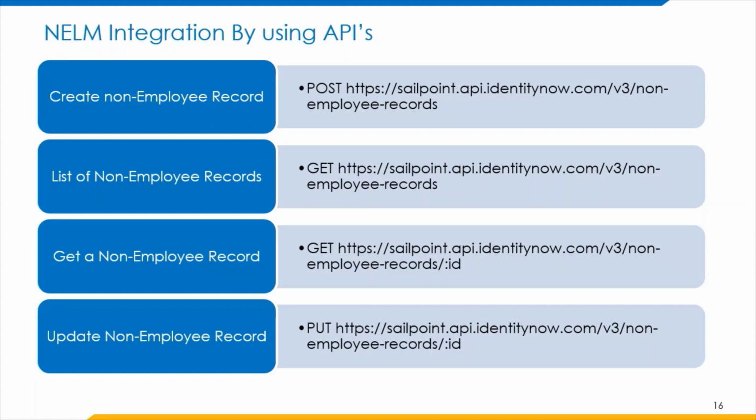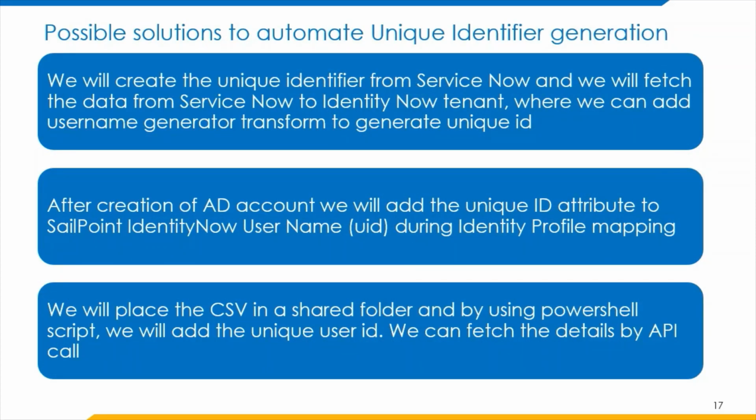In the next slide, we are focusing on possible ways to generate a unique identifier automatically. Coming to the next slide, possible solutions to automate unique identifier generation. We will create the unique identifier from ServiceNow and fetch the data from ServiceNow to the IdentityNow tenant, where we can add a username generator transform to generate the unique ID.